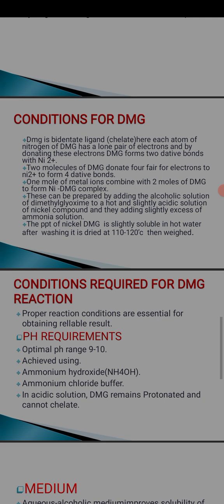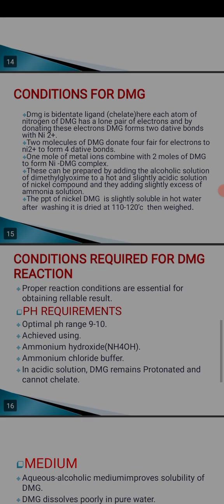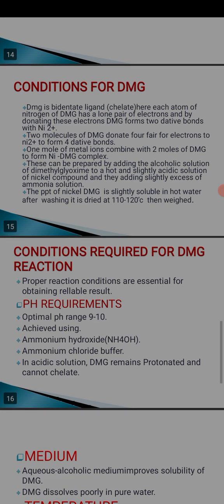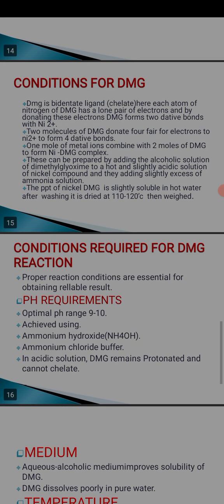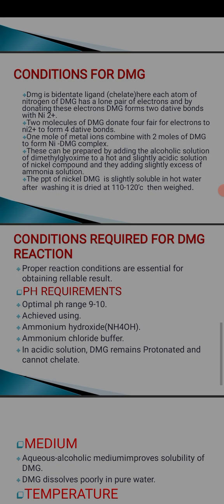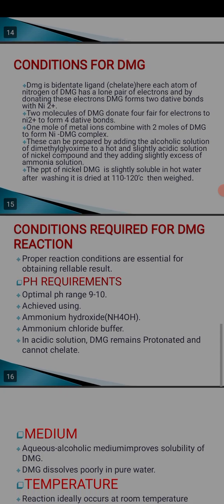DMG is a bidentate ligand. Here, each nitrogen atom of DMG has a lone pair of electrons, and by donating these electrons, DMG forms two dative bonds with nickel ion.